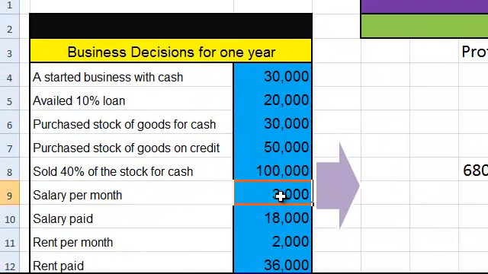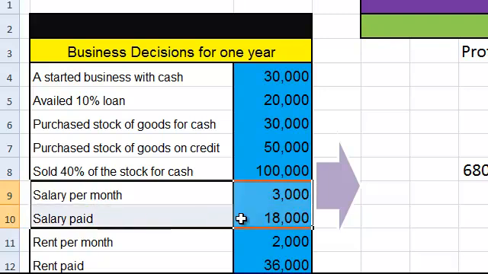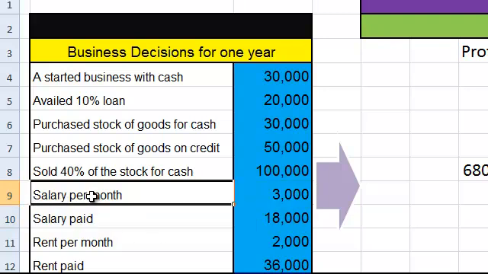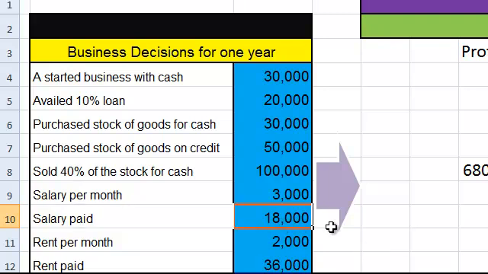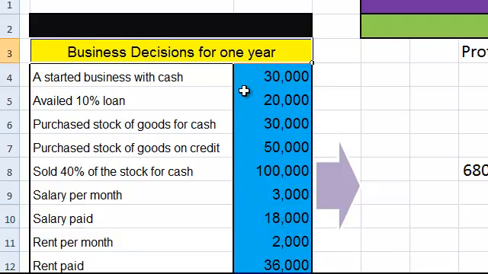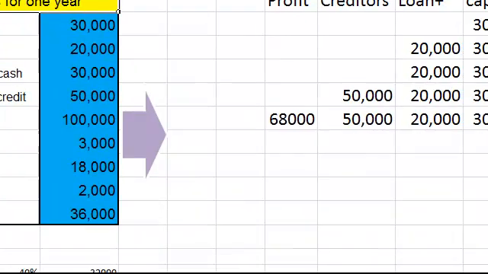Salary per month is 3,000. This was the question which one of you asked in the last class, on the basis of the last equation. Salary paid is only 18,000, but this accounting year is 1 year.